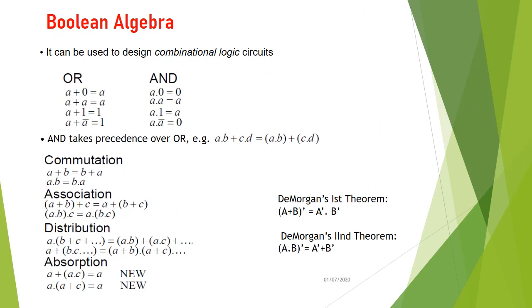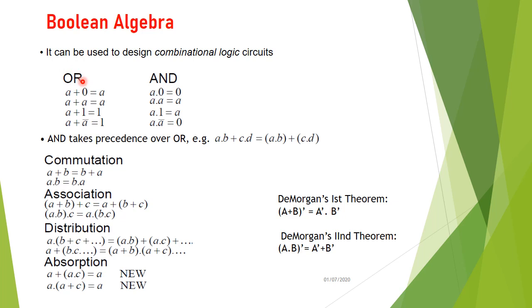Let me remind you friends that Boolean algebra is nothing but simple expressions and the reduction of expression rules followed for ORing and ANDing processes. And that's why we have to see the OR rule and AND rule basically applied for Boolean algebra.